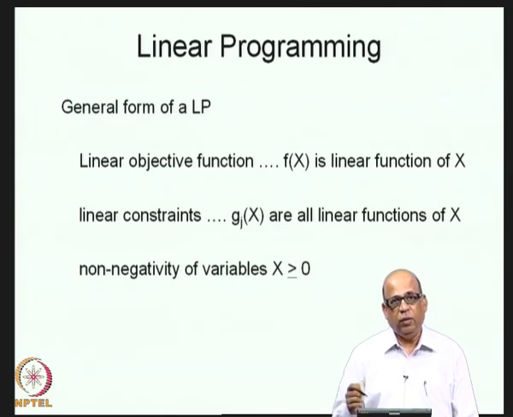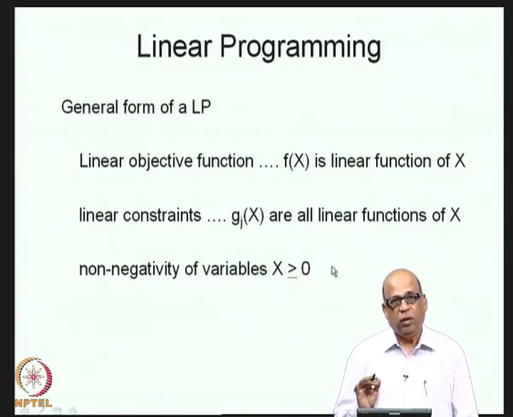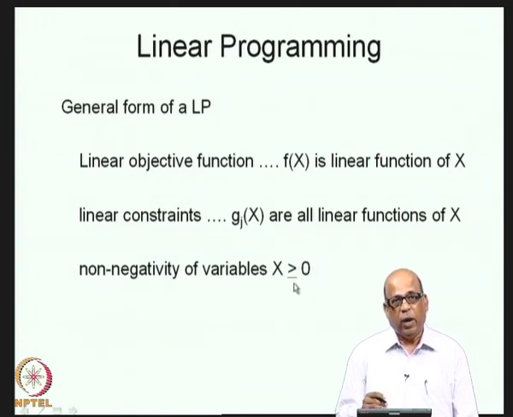So, these are in general non-negative. However, there may be situations where we may be talking about, let us say, temperature, which can also take negative values. So, there may be cases where you may have to deal with variables which are unrestricted in sign. We will see presently how we deal with unrestricted in sign.